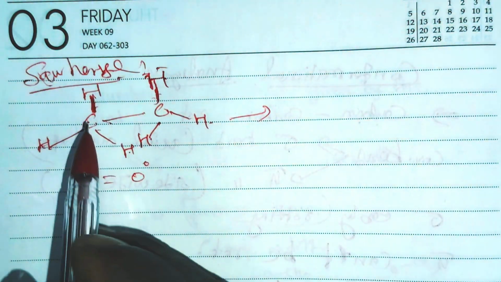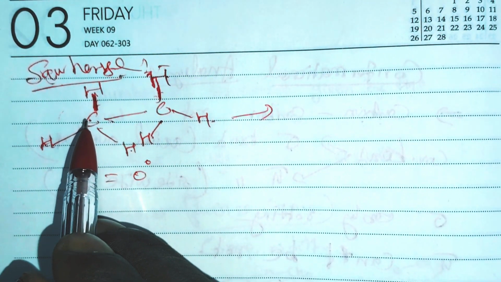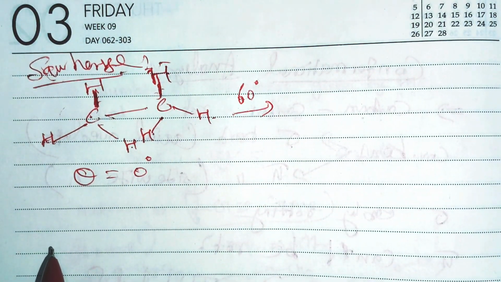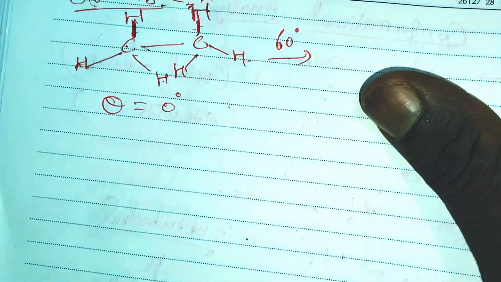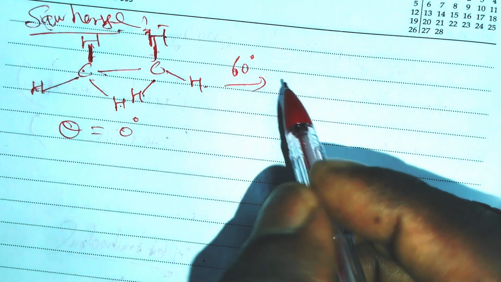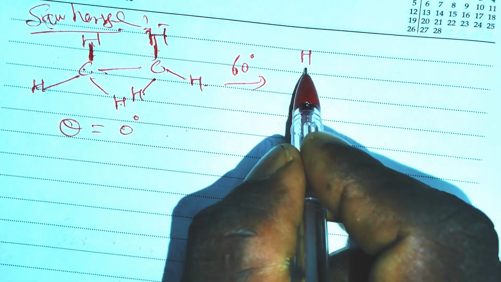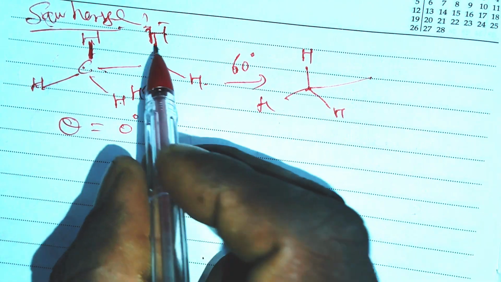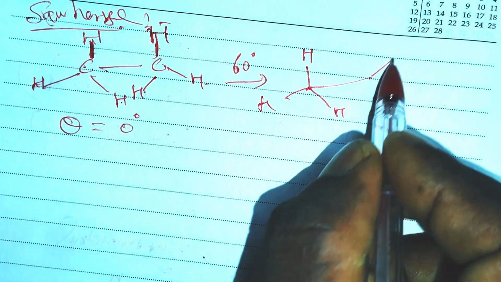If we keep any one carbon fixed, the other carbon can be rotated by 60 degrees. We already studied that every 60 degrees shows a new conformer. So this carbon can be fixed, carbon, hydrogen. In this case, the 60 degree rotation means the hydrogen comes this way.